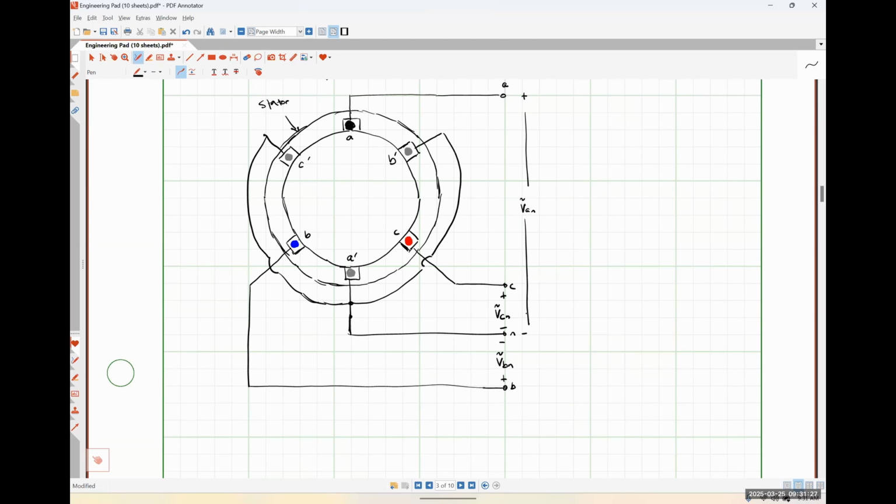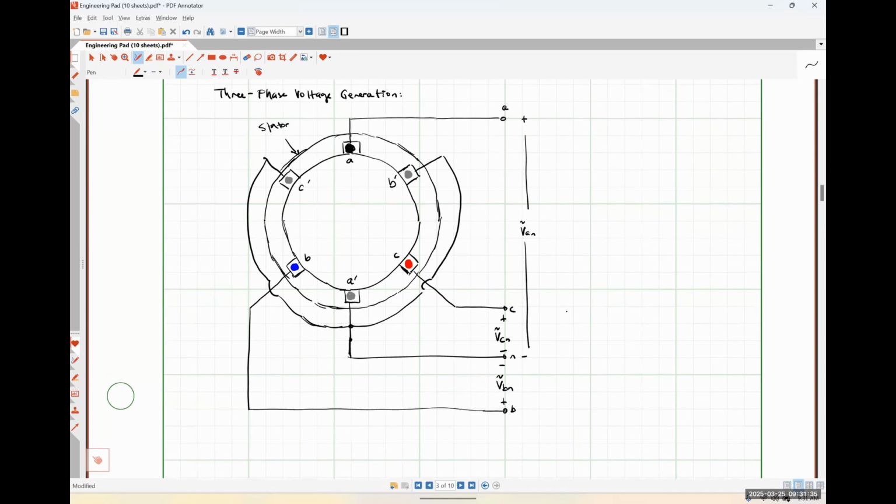Now I need to draw what's called my rotor. Okay. And I'm going to do a very simplified representation of my rotor. So my rotor is an electromagnet. And I'm going to choose to represent that with a bar magnet.